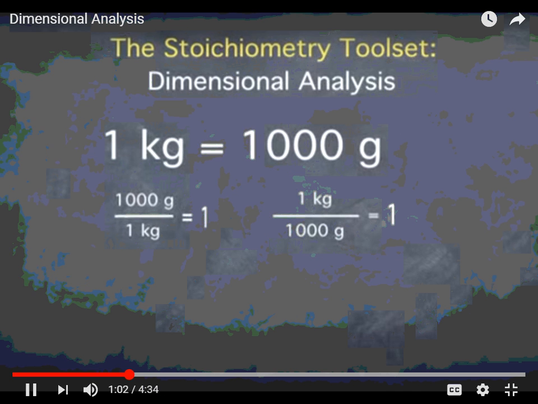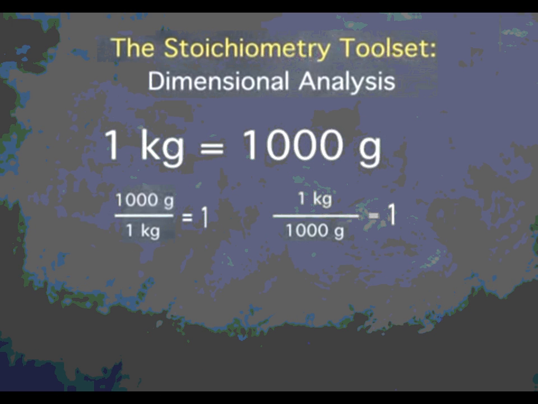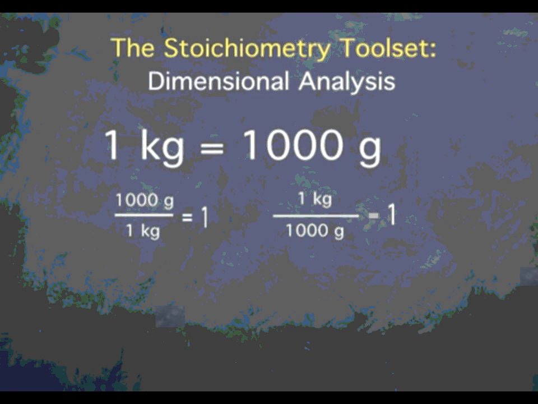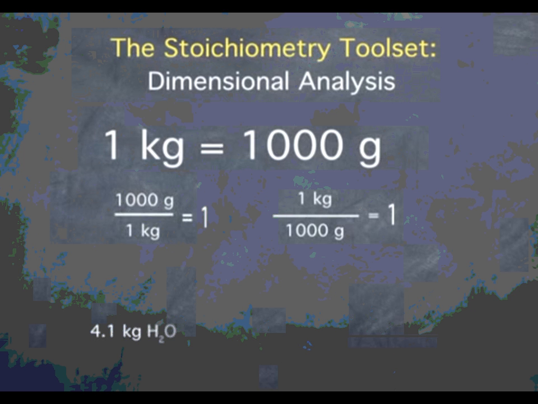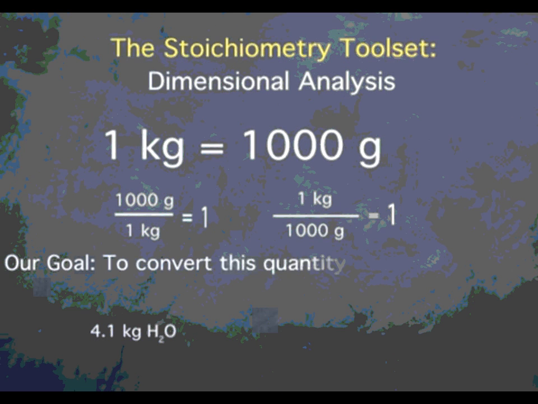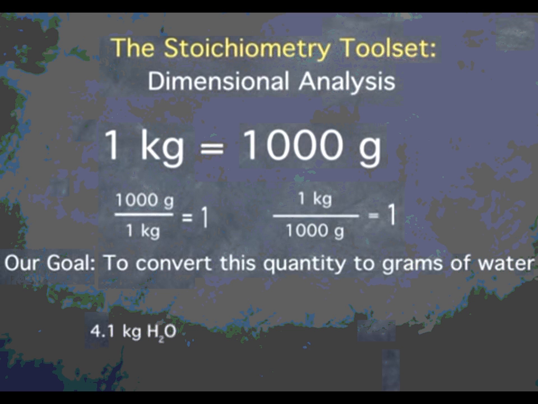Ratios are useful since they allow us to convert from quantities in grams to quantities in kilograms, and vice versa. Consider, for example, the quantity 4.1 kilograms of water. And say we want to convert this quantity to grams of water. We begin by writing down our initial quantity of 4.1 kilograms water.